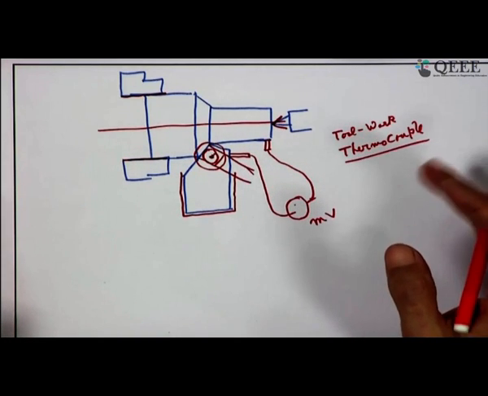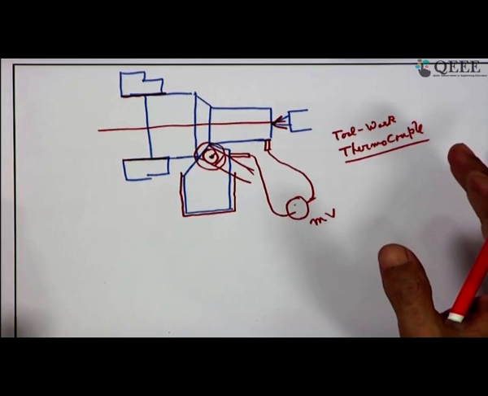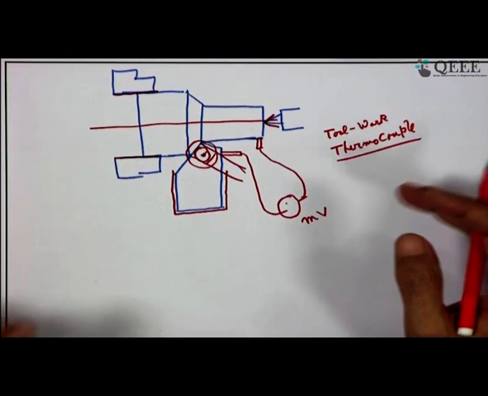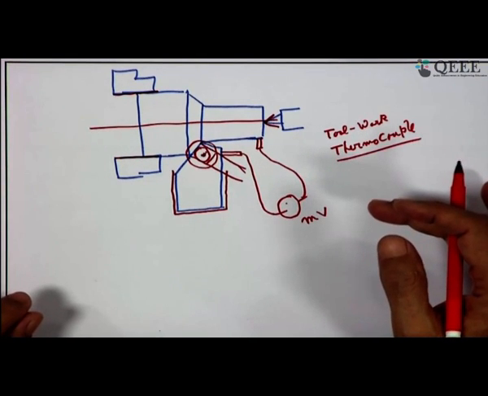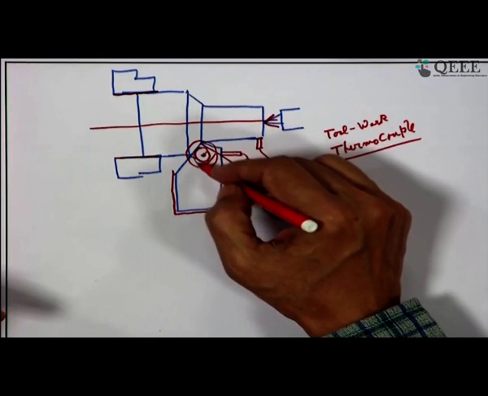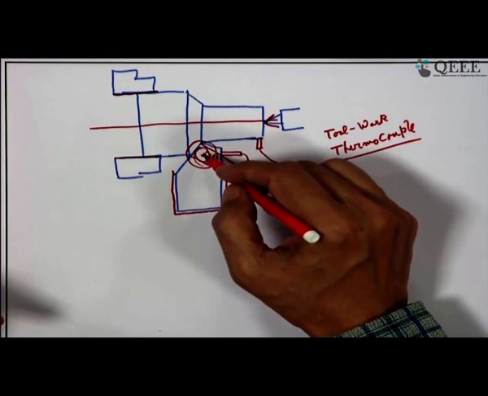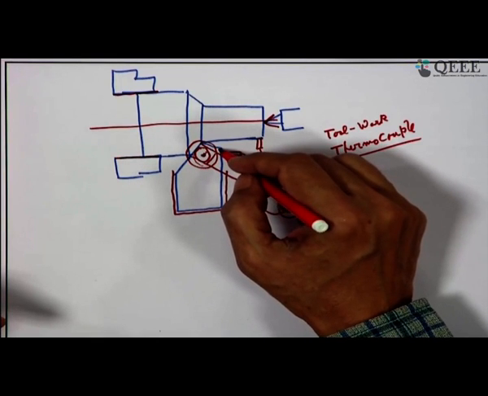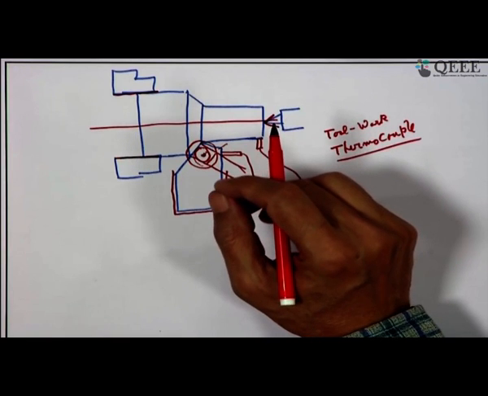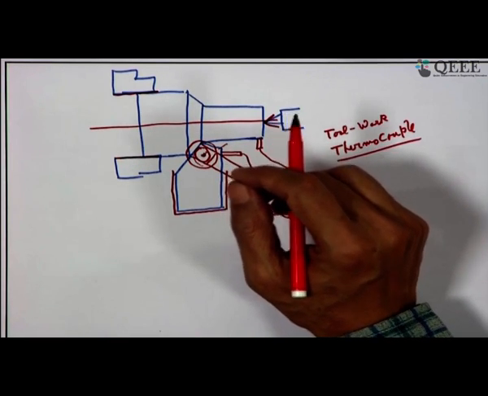It can be a salt bath, an oil bath, or a lead bath, or if you take enough precaution not to allow any error to creep in, you can heat this zone with a flame, and you put one standard thermocouple, that means K type chromel alumel thermocouple, side by side.